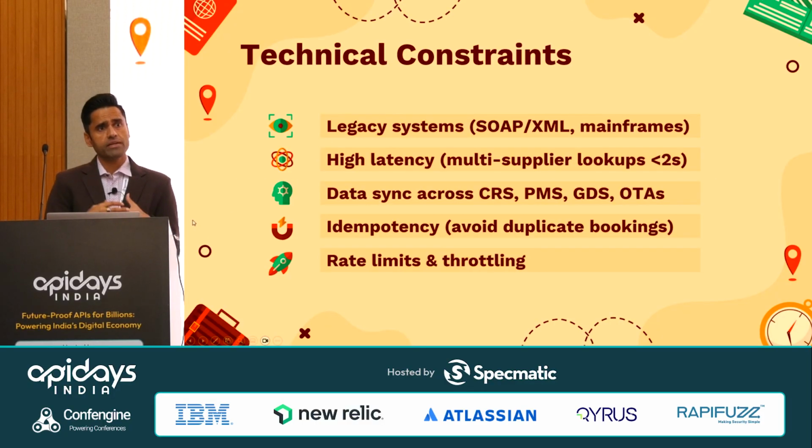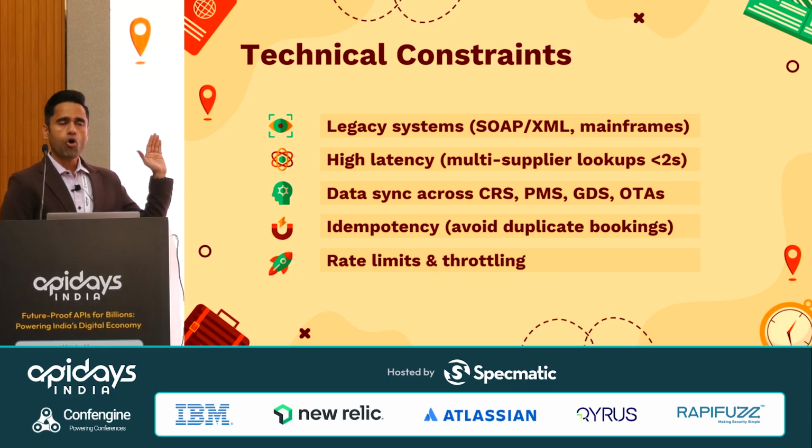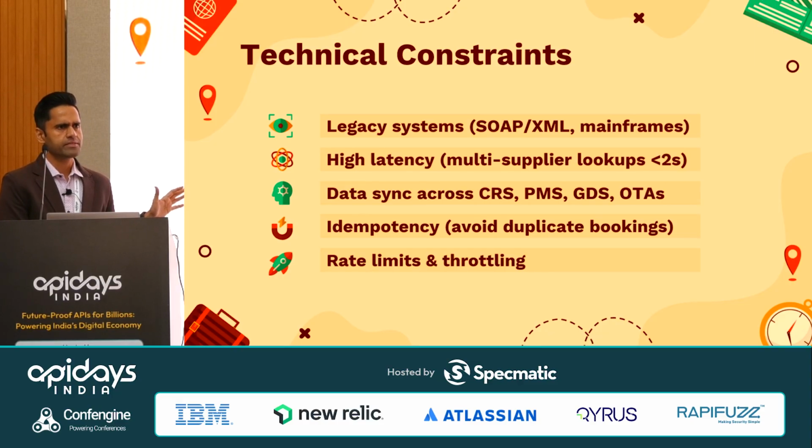They are looking for a seamless experience. Imagine if you are making a booking and you don't get a single place to book your air and also your hotel, or let's say if you are renting a car, your experience is not going to be that great, right? Now, despite all the challenges, as API designers, you are forced to overcome some of these technical constraints, right?